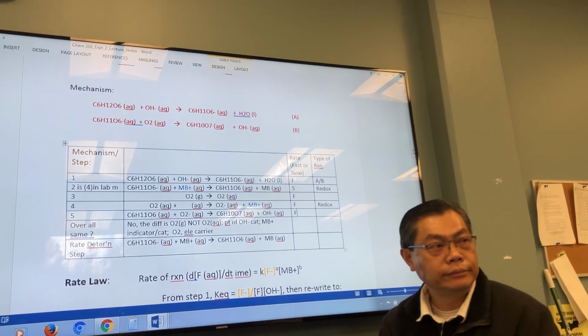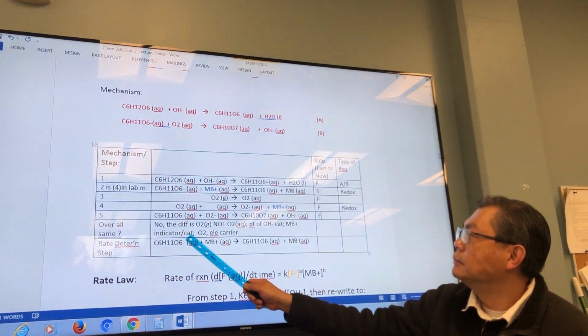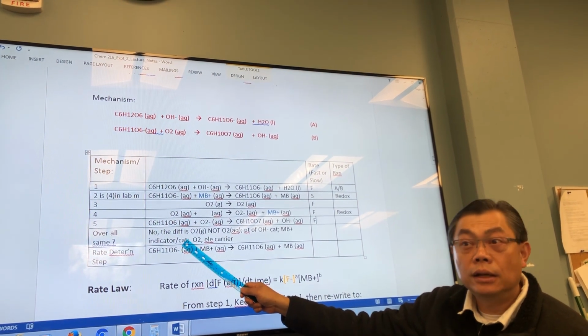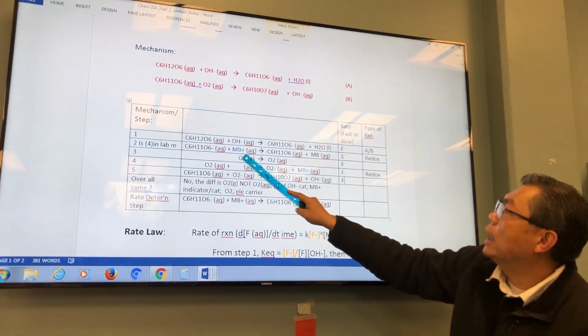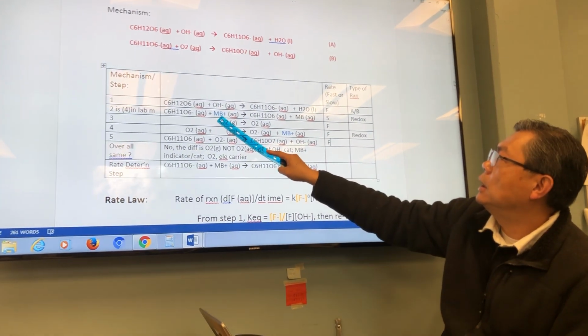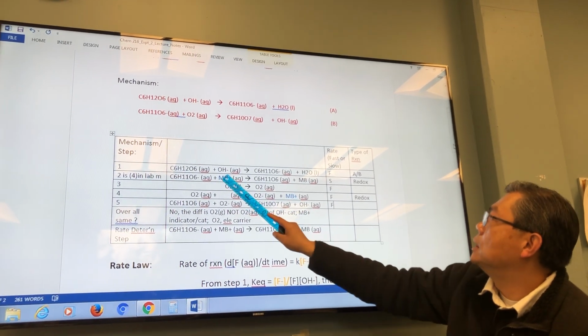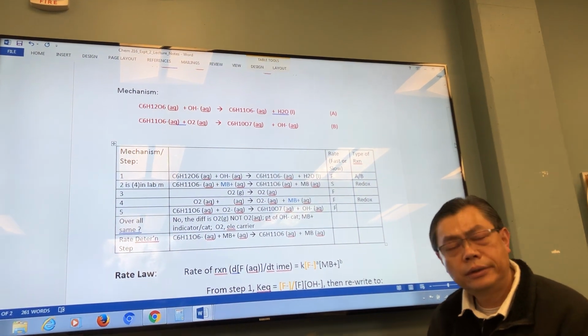That's smart, right? And also it is what? Catalyst too. How come? Well, you take a look, the MB plus here, in and out, in and out. So that's the definition of catalyst too.